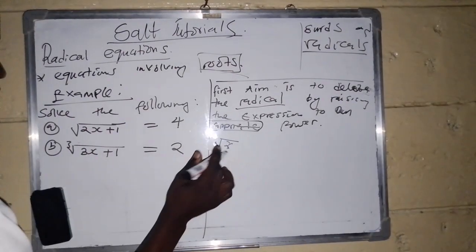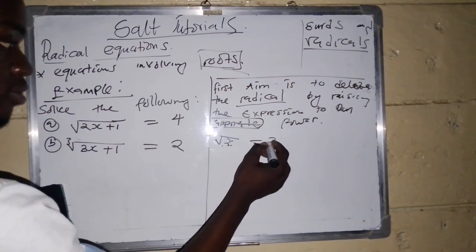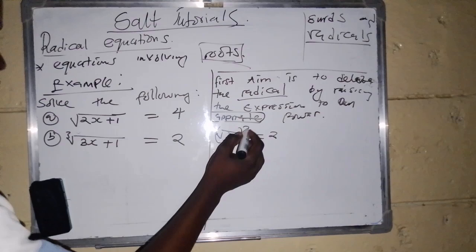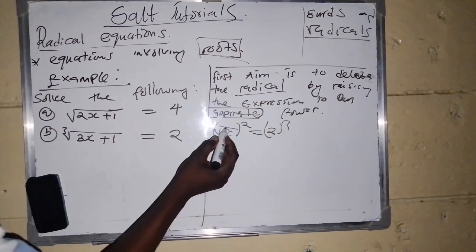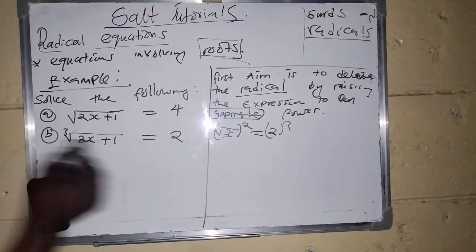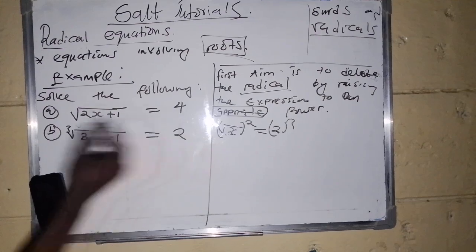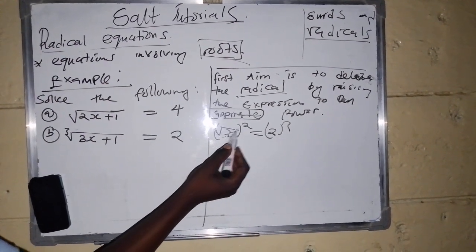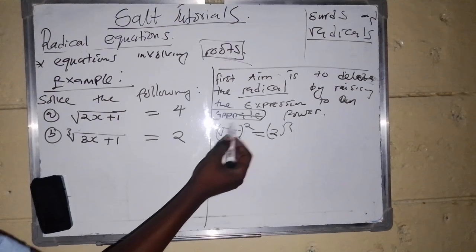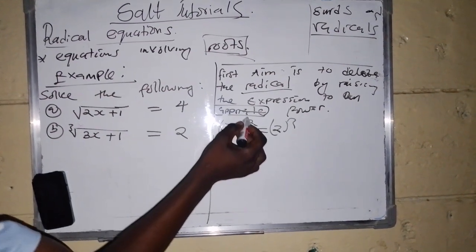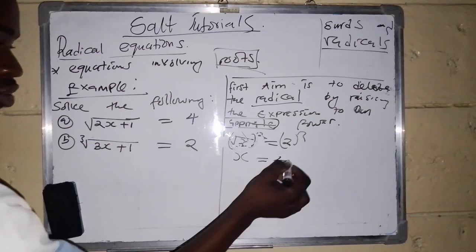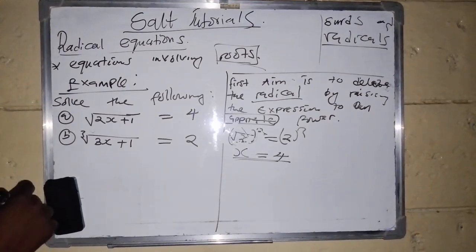If it says the square root of x is equal to 2, for me to find the value of x, I have to raise my expression to power 2 for this square root to be deleted. Remember, this square root is the same as saying power 1 over 2. The only way a 1 over 2 can be deleted is to raise it to a power 2, so that they cancel out and I remain with x equal to 2 to the power 2, so x is equal to 4.